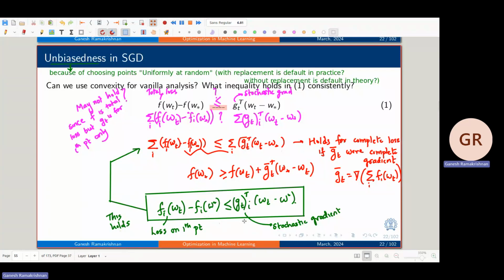So the extreme case holds. Summation it holds. On each individual data point also it's convex, let's assume. Even then the problem is when I have a summation on the left hand side and a single data point on the right hand side. A single point contributing to a gradient, stochastic gradient. What do you do? I've just elaborated the same question. I've not answered.